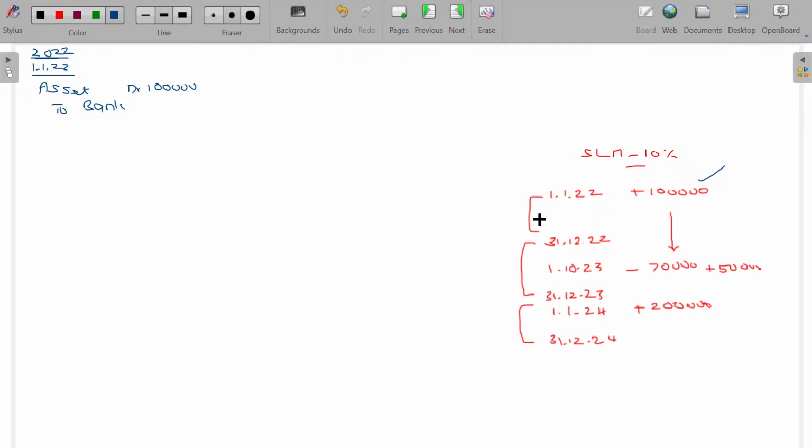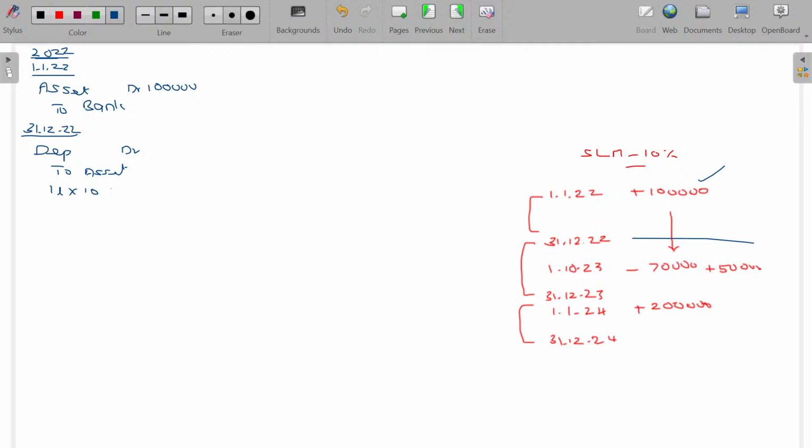Up to the year end, we don't have any other transaction. By the year end, usually we have to calculate the depreciation. So directly go for the year end, 31st December 22, and calculate the depreciation for the asset. The entry in this case is depreciation account debit to asset account. We have 1 lakh rupees worth of asset.